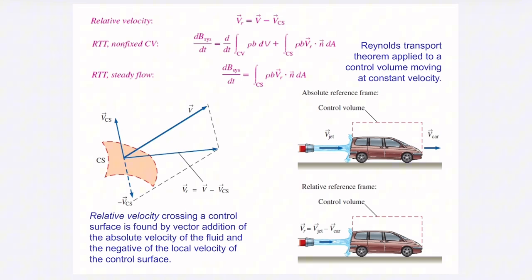Relative velocity is the velocity of fluid as seen from the control surface that may be moving. Then this is V absolute, the velocity of the fluid in the fixed reference frame, and V_CS, V control surface, the movement of the control surface itself.